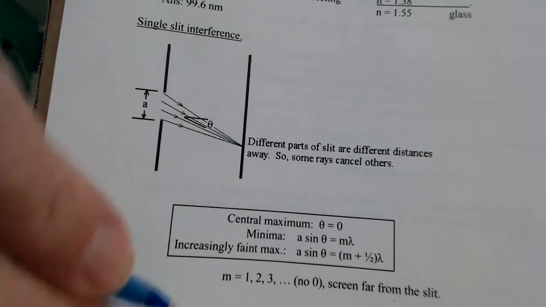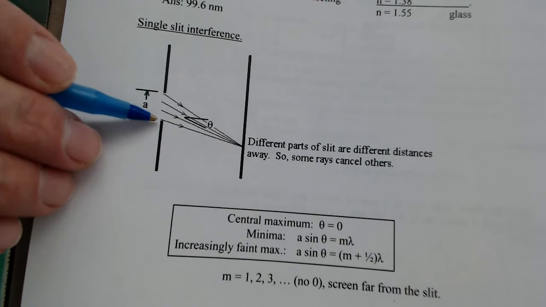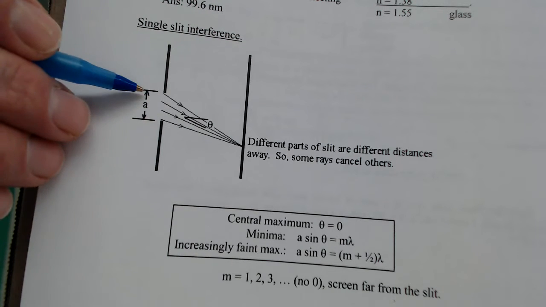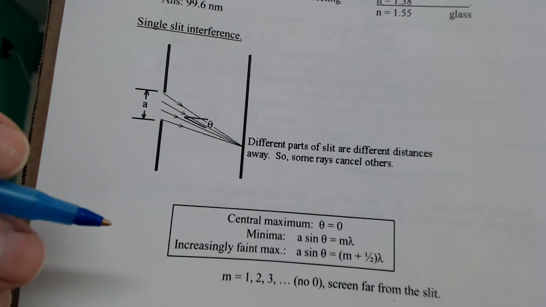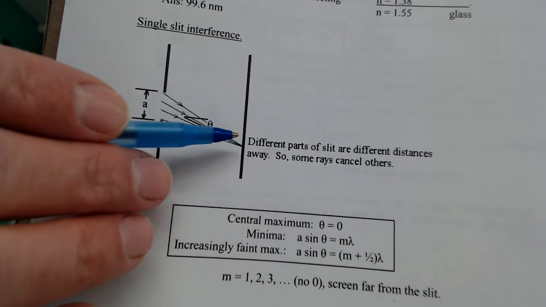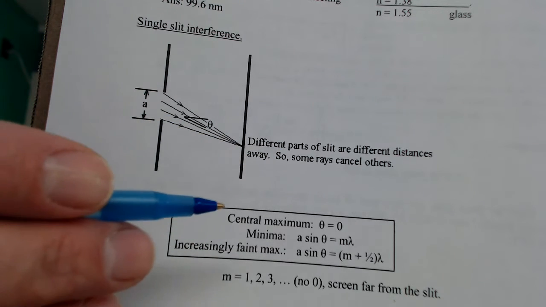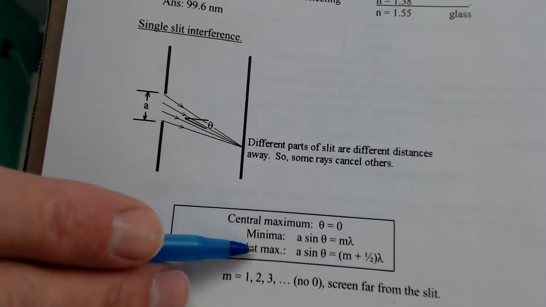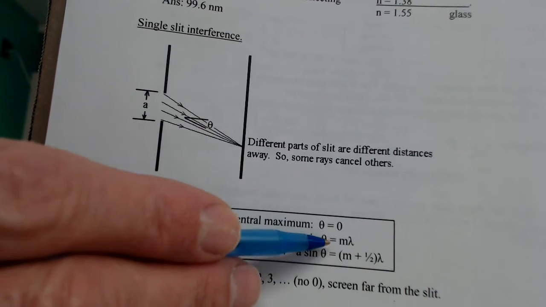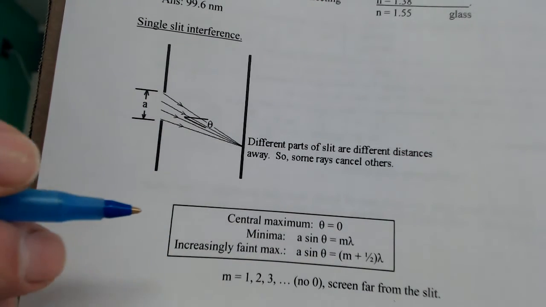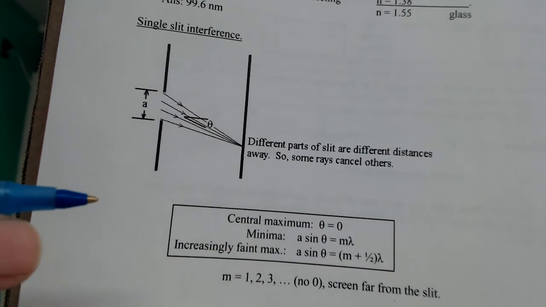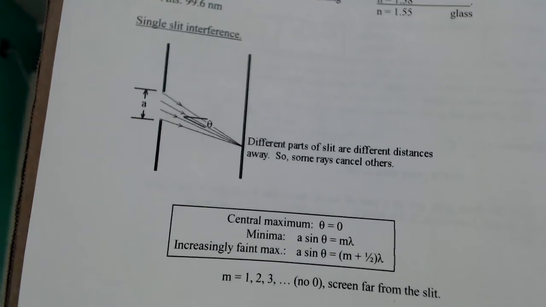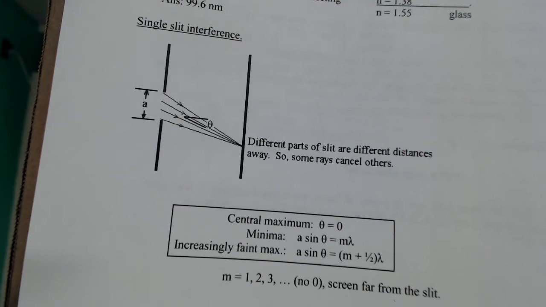So you get far enough to one side, and the rays that went through the top half of the slit cancel the rays that go through the bottom half of the slit, and the screen will be dark there. And that would be the first of these minima, where a sine theta equals m times lambda. That would be m equals 1, the first one you get to. There is no m equals 0 in this case, unlike the equation for two slits.